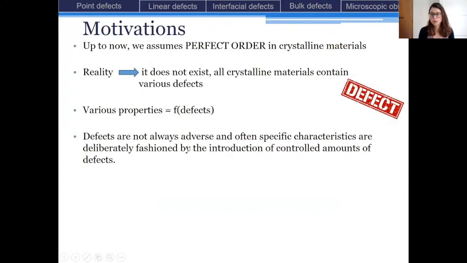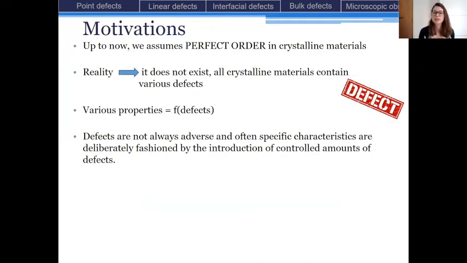So up to now in this course we assume there is a perfect order in crystalline materials. But the reality is quite different. A perfect order does not exist. All crystalline materials contain various defects. And in fact, various properties will be dependent on these defects, so their concentrations, the kind of defect.